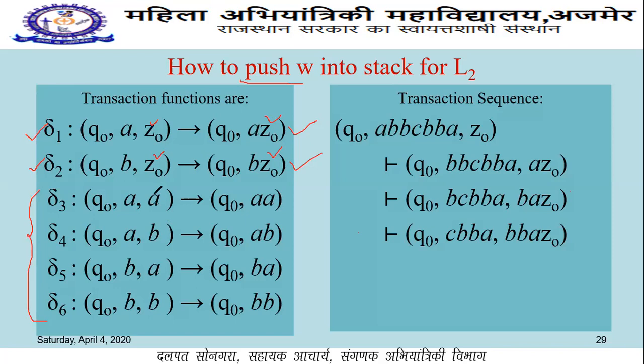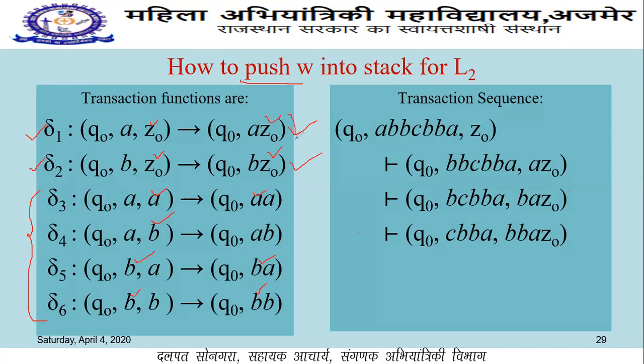Either the top element of the stack is A or B. In both cases, whenever you read A at state Q0, then again push A onto the stack. And this is the situation whenever the top element of the stack is either A or B and you are reading B from the input string. Then also push this B into the stack, like this, delta 5 and delta 6.